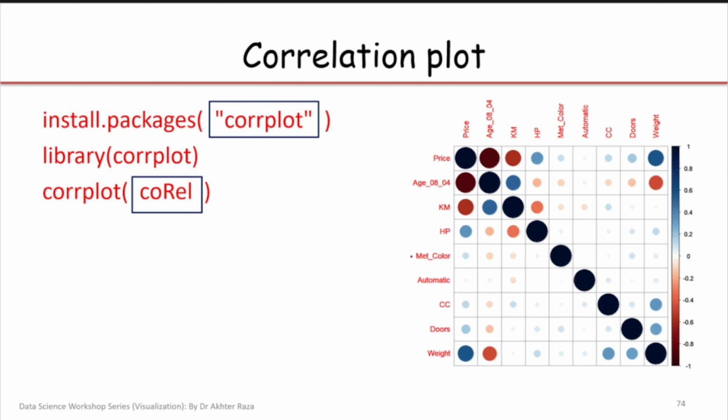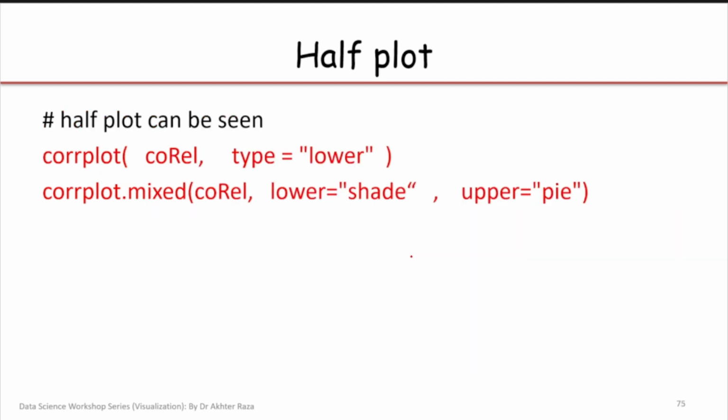So the next command is identifying lower as shade, upper as pie. The lower triangular will be shade and the upper triangular will be pie by this command, mixed. And in the above command, only the lower part will be represented and the upper graph will not be shown.